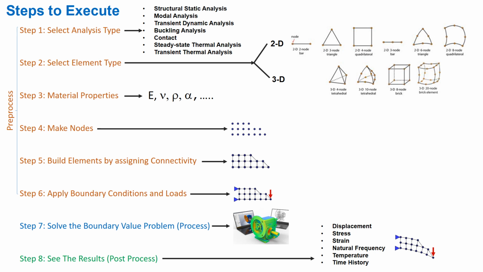Make nodes, build elements by assigning connectivity, apply boundary conditions and loads. Then the system or computer solves the boundary value problems. See the results in post-processing, which may be displacement, stress, strain, natural frequencies, temperature, time history, depending on your demand and your input.